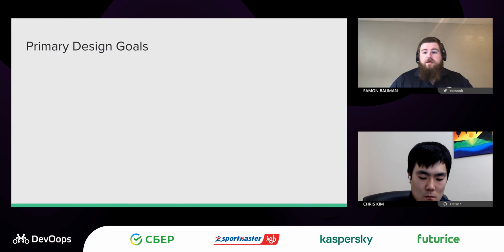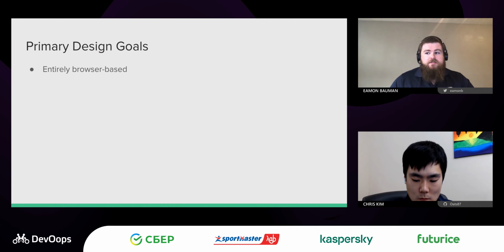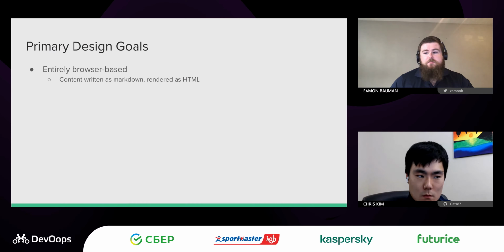We had primary and secondary design goals in mind when writing HobbyFarm. The primary design goals were this. It needs to be entirely browser-based. The content we desired to be written as Markdown and then rendered as HTML.